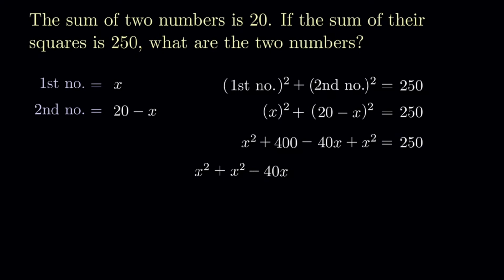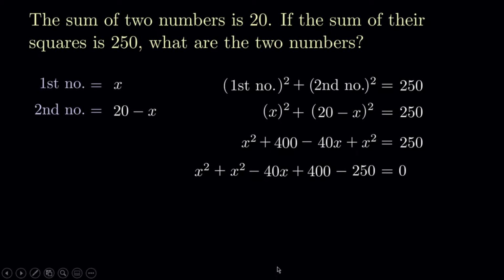And then we have, on the left side, plus 400. And then the 250 on the right side, we can move to the left side. So it becomes negative 250 equals, what's left on the right side, 0.